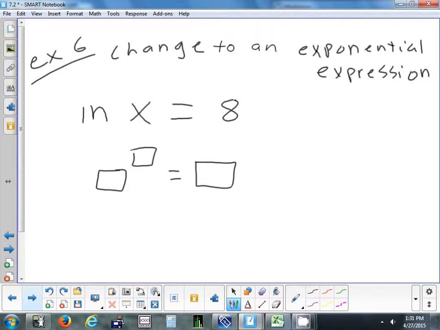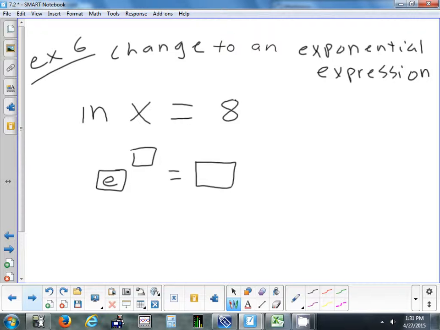What's my base here? E. It's hidden and you can't forget that. It's not written. Everything else you see here, the x and the 8, there's going to be spots for those to go. But you've got to remember that e is the base and it was hidden. E is my base.